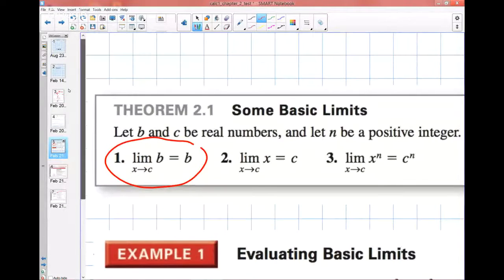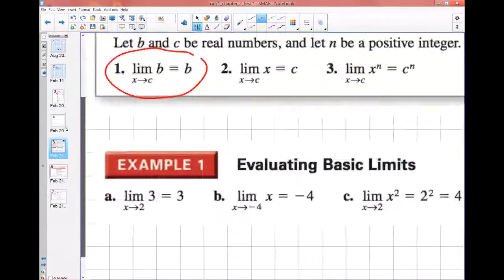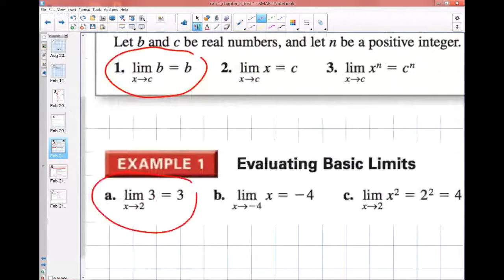And then in the book on the same page 79, they gave this example: what happens to 3 as x approaches 2? Nothing. So anyway, that's all there was to that one.